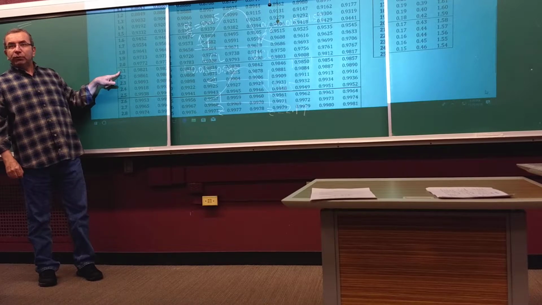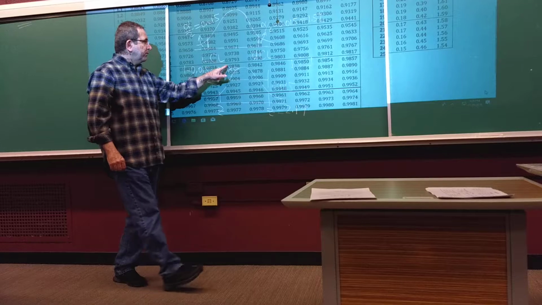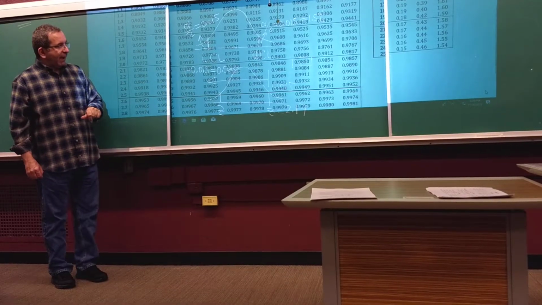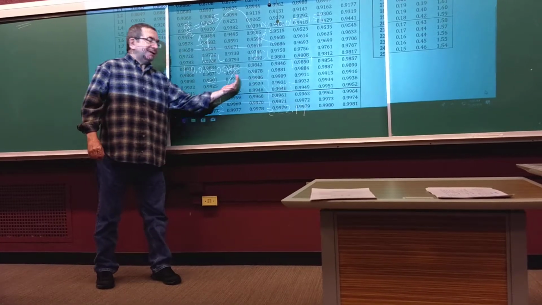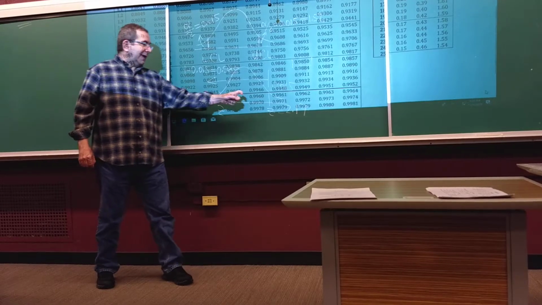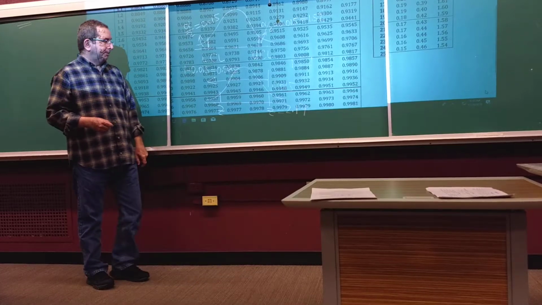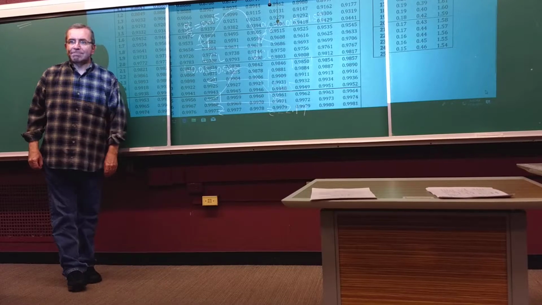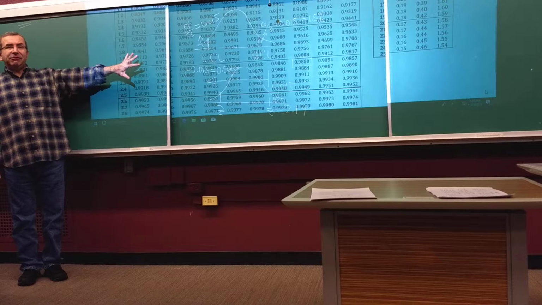So the z value here gives us 0.985 and 0.015 tail probability. Does this make sense? Can everybody do this on the exam?